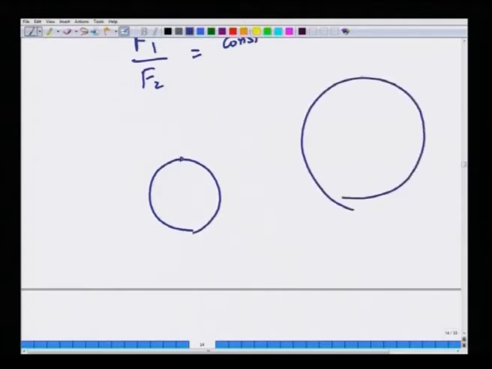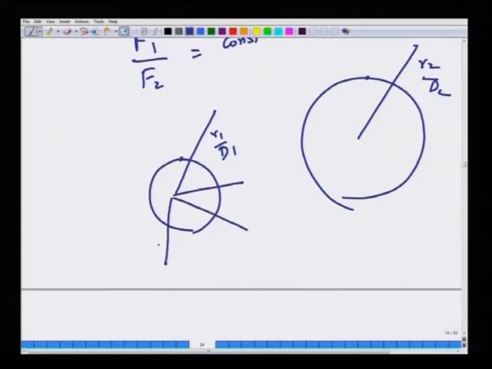If you look at geometrically similar points on the surface of the sphere or even interior of the liquid, so long as the ratio r1 by d1 is the same as r2 by d2, geometrically similar points, then the direction of the forces will be the same, and the magnitude of the forces will be related by a constant scale factor even at various geometrically similar points. Even if you look at other points, they will always be off by the same constant factor. Okay. This is dynamic similarity.